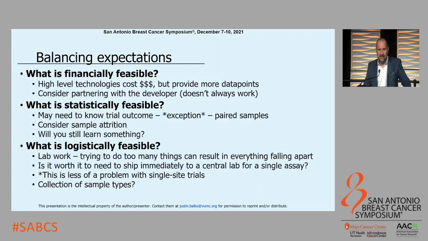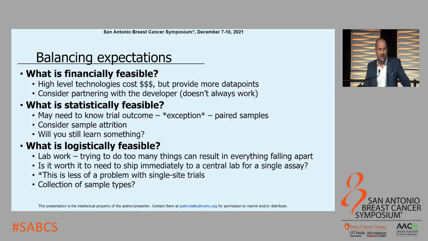But we really have to take a step back and think about what is financially feasible. Many of these very high-level technologies cost a lot of money, but they do provide more data points. So they give us more shots on goal as far as discovering a little bit of biology from those samples. In many cases, my advice would be to consider partnering with that developer. The reason for this is these emerging, very high-level technologies often aren't very well validated yet.